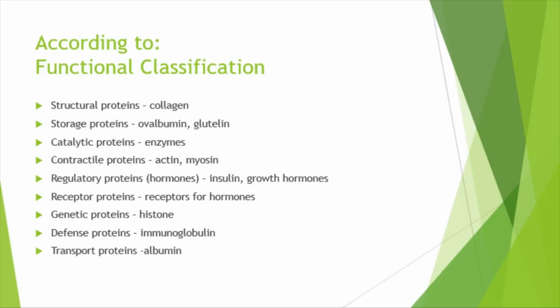We also have genetic proteins. Examples of this are histones. And we also have defense proteins, for example immunoglobulins. And we also have transport proteins. An example of this is albumin. When we say transport proteins, because again, proteins are big molecules, right? They can't enter the cell membrane of the cell.